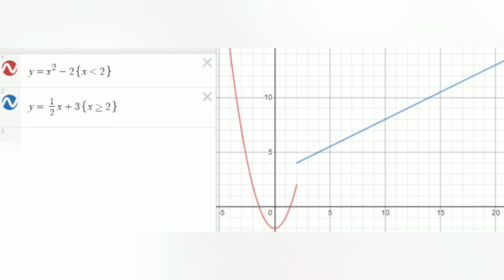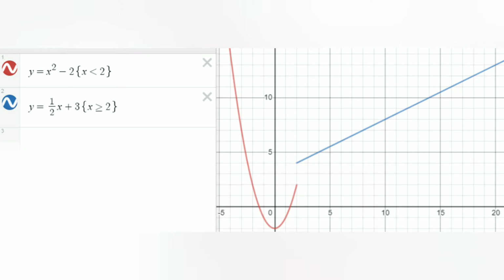Now that we understand what a piecewise function is, here are two examples of what a piecewise function looks like on a graph. The red line represents y equals x squared minus 2, x is less than 2, and the blue line represents y equals a half x plus 3, x is greater than or equal to 2.